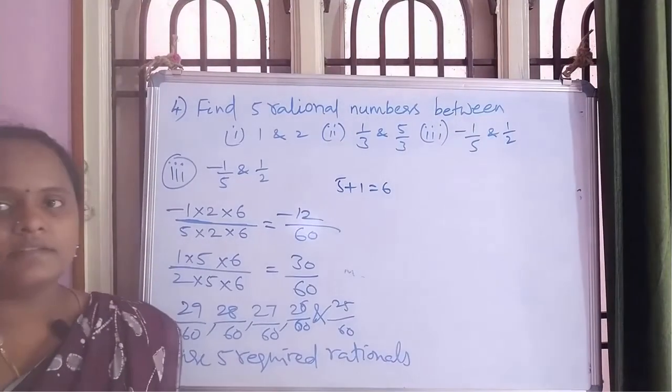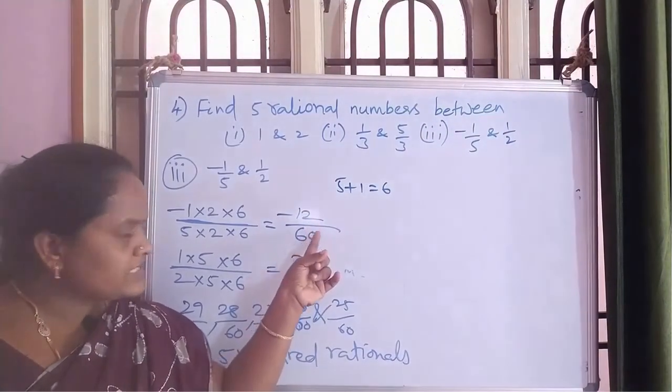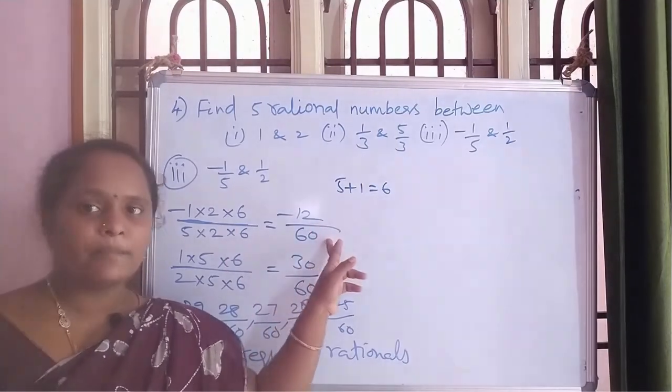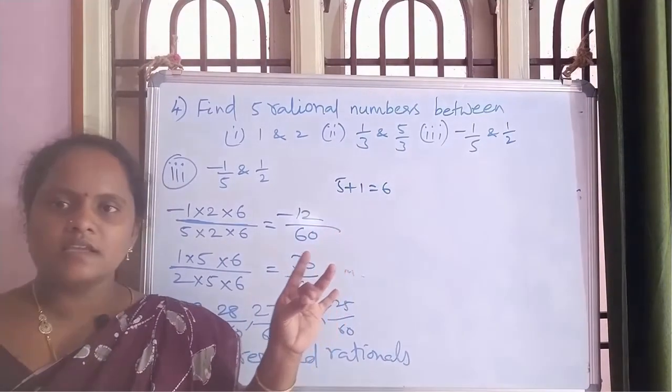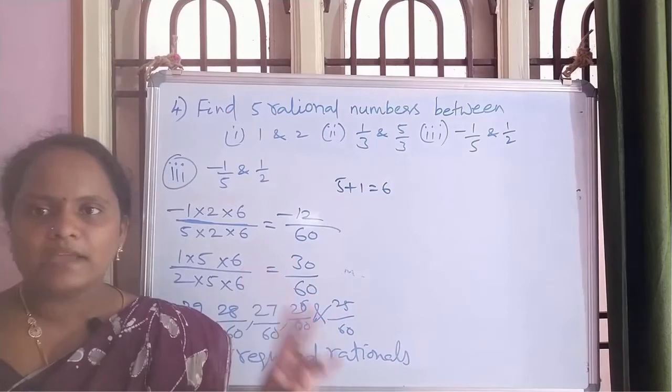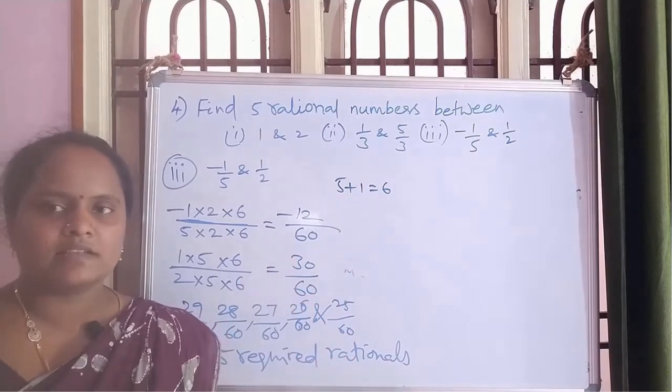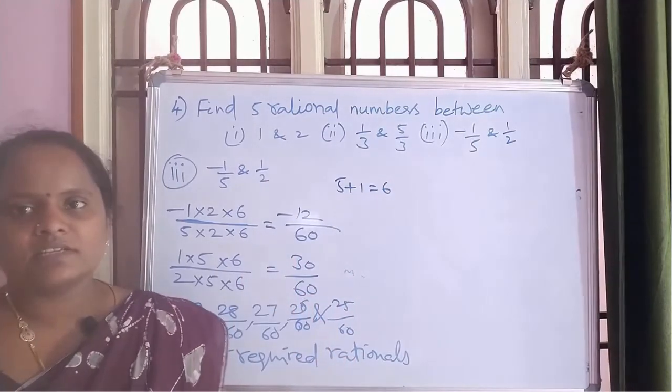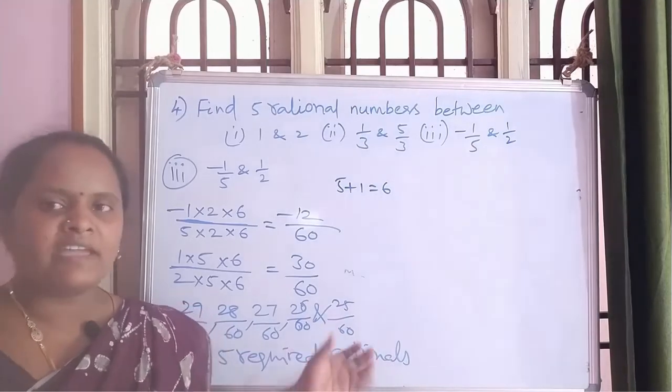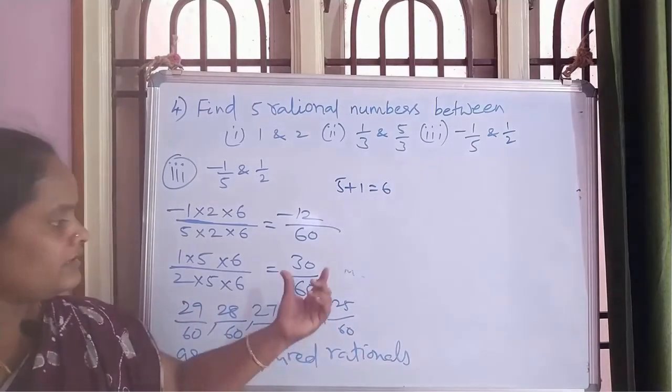I can also write minus 11 by 60, minus 10 by 60, minus 9 by 60, minus 8 by 60, minus 7 by 60. Those 5 rationals I can also write, or any 5 rational numbers in between these.